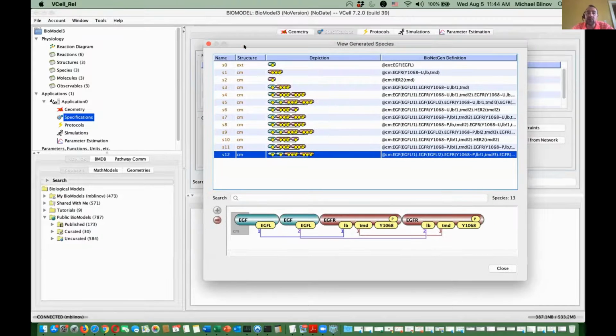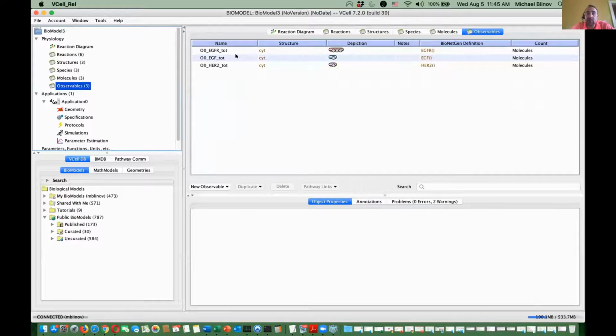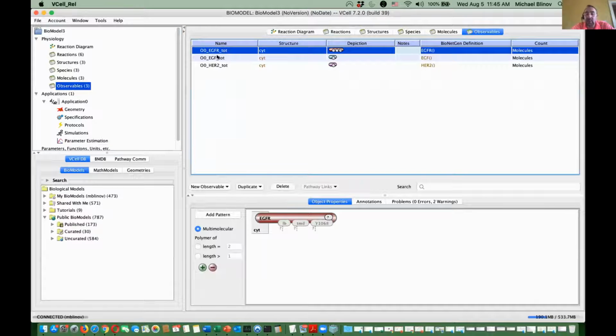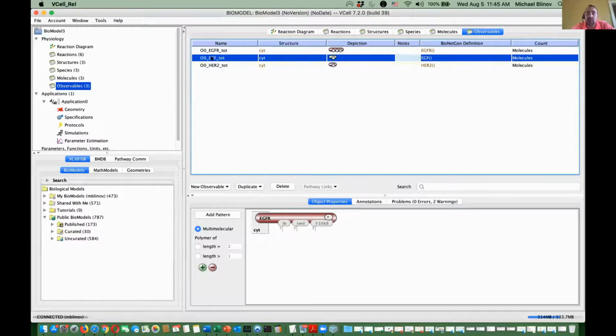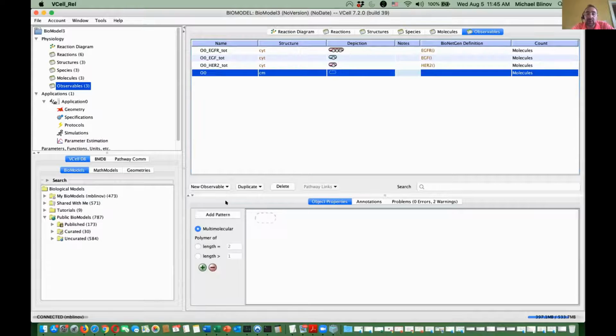So what you're really interested in is certain observations. Like the total number of receptors in a system. In your system, it should just stay constant. It's a mass conservation. The total number of EGFs, the total number of HER2. Now, what you could be interested in is homodimers.